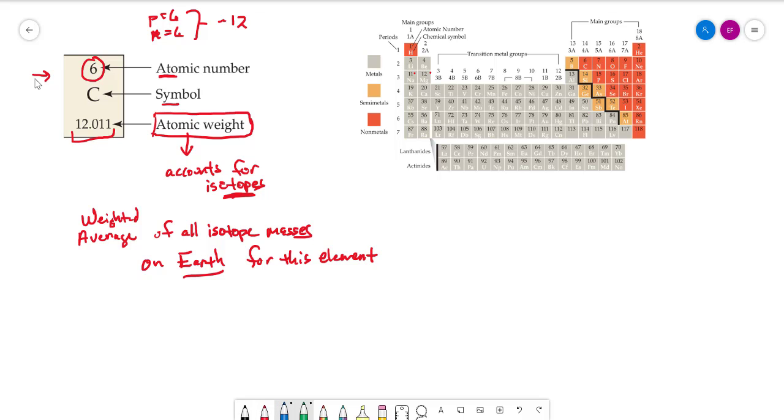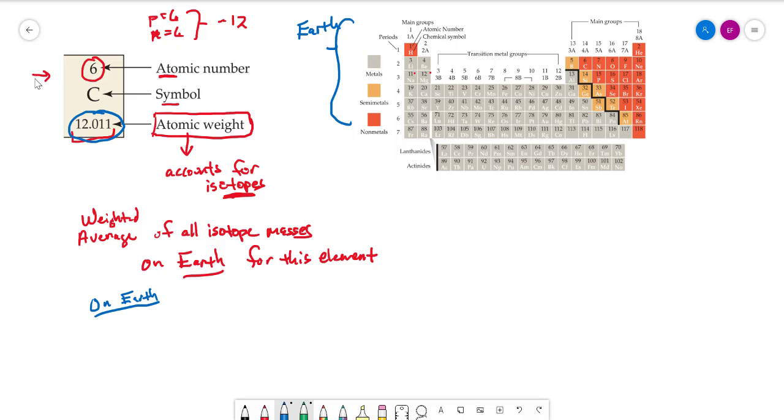And so when we talk about a weighted average on Earth, so again, the periodic table is useful for Earth, but not the universe. This number can actually change because the isotope ratios at which they exist on different planets depend on how old that planet or that star is. So the atomic weight, which is again the weighted average of all the isotope masses, is going to be different depending on where you look.